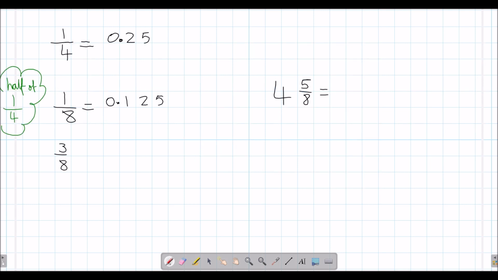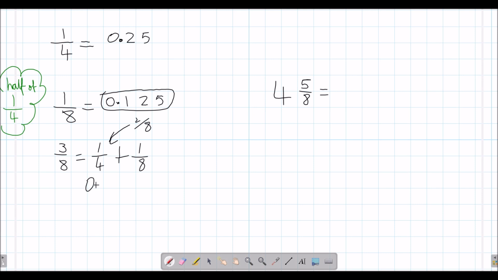You've got a quarter being worth 0.25. An eighth is half of a quarter. It's a quarter split into 2. So half of 0.25 is 0.125. Now to work out 3/8, what I would do is take 2/8, or a quarter, and add an eighth to it, because 1 quarter is worth 2/8.